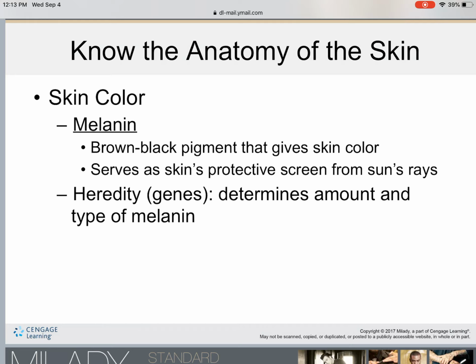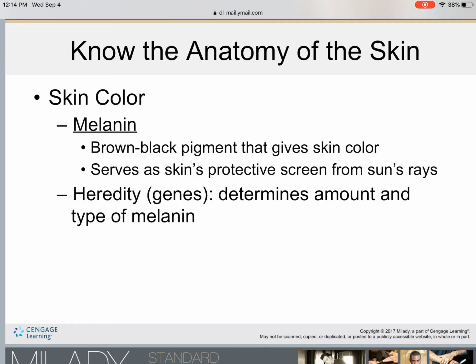Special cells called melanocytes produce pigment granules that are scattered throughout the germinativum and papillary layers. These granules are called melanosomes, and they produce the complex protein called melanin, a brown-black pigment that gives skin color and serves as a skin protective screen from the sun's rays. The amount and type of melanin is an inherent trait that varies among races and individuals. For example, dark skin contains more melanin than light skin.